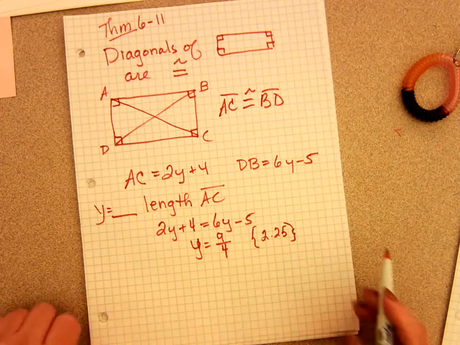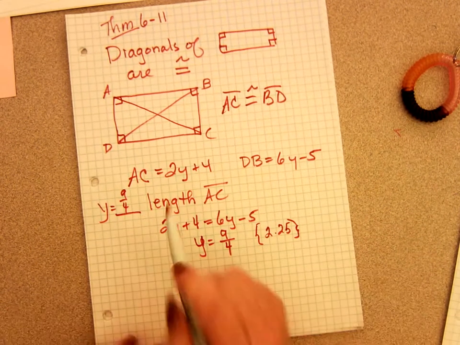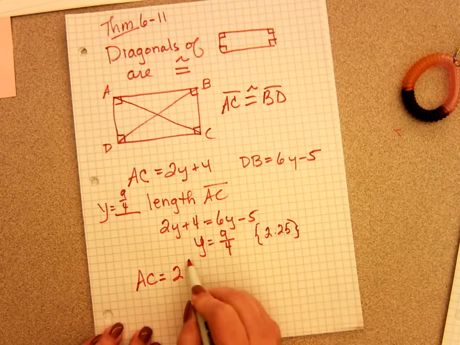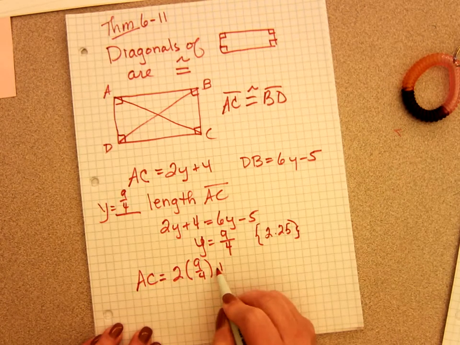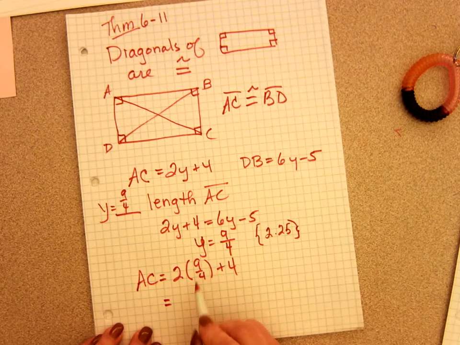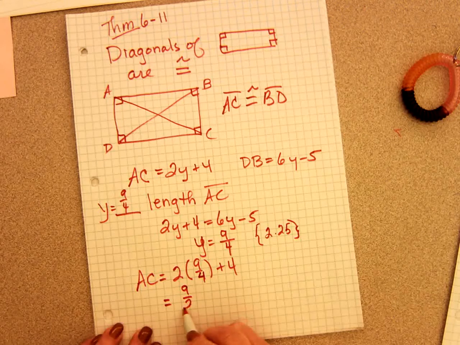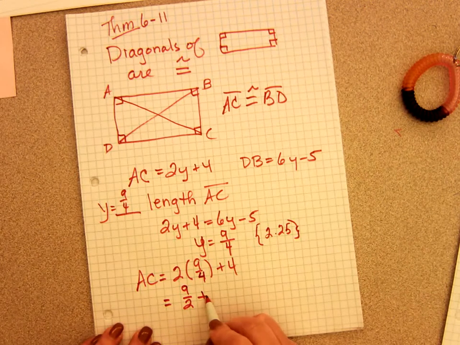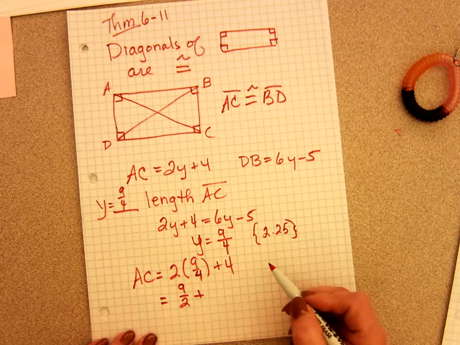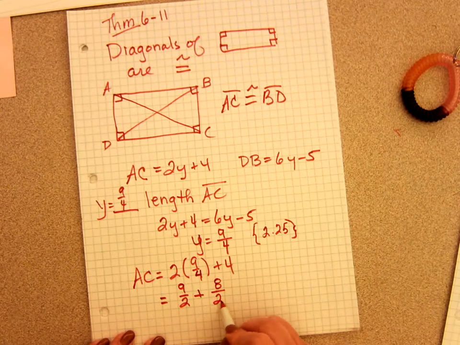Plug it in. I'm going to take this 9/4 and I'm going to replace the y here. So this is, I can reduce this, right? It's 9/2 plus 4. If I write 4 with the same denominator as 9/2, what is it? It's 8/2.